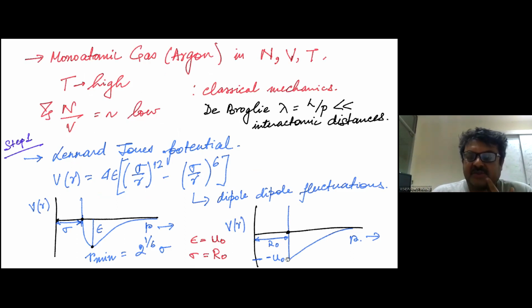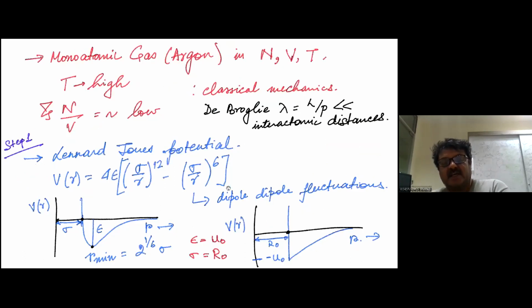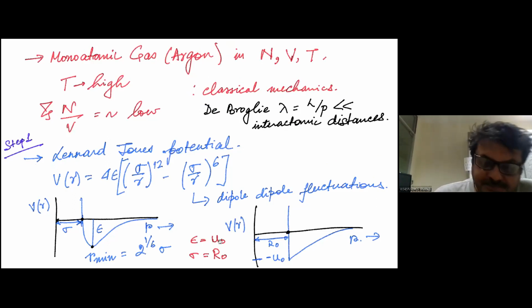Otherwise, if the distance between two particles, small r, is greater than R0, the diameter, then you say that there is an attractive potential acting, which goes as R0 by r to the power s, and U0 sets the strength of the interaction. And basically, you could set epsilon equal to U0.